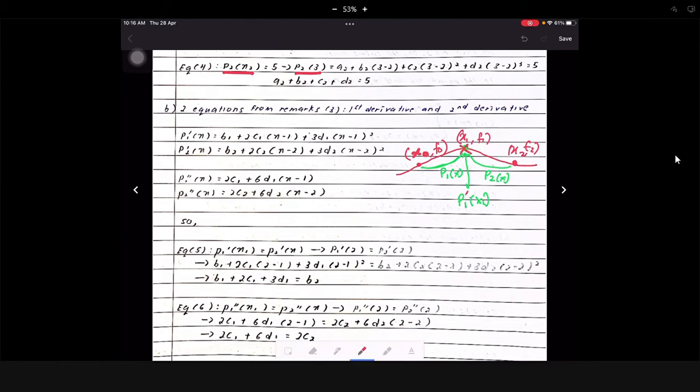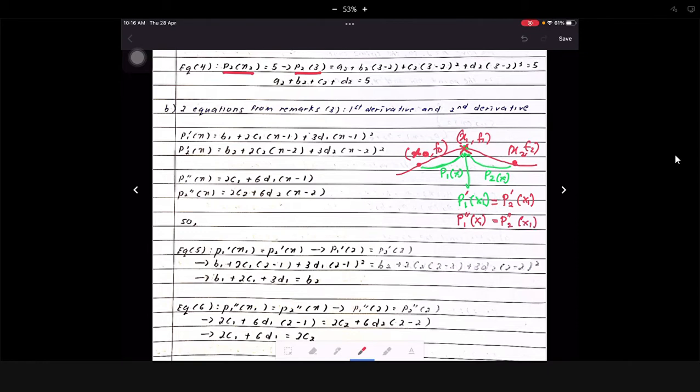So the derivative P1 x1 is equal to the first derivative P2 pada x1. Sama juga the second derivative of P1 pada X1 is equal to the second derivative of P2 pada X1. So kat sini akan dapat another two function.